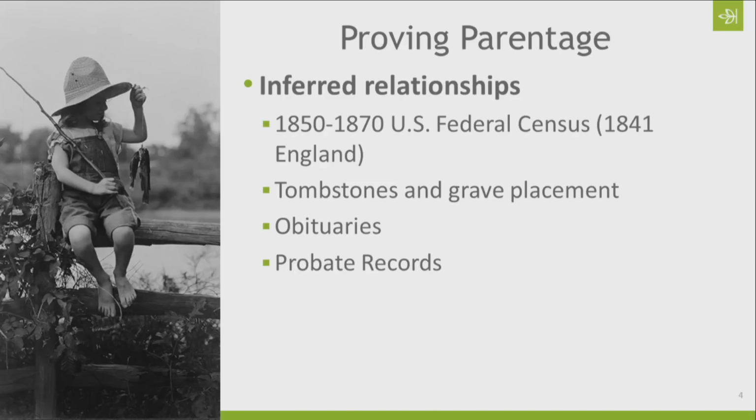So we end up with these probate files, and Ancestry is currently in the process of digitizing probate records from across the United States, ready to be put online in the coming months, and that's really exciting.